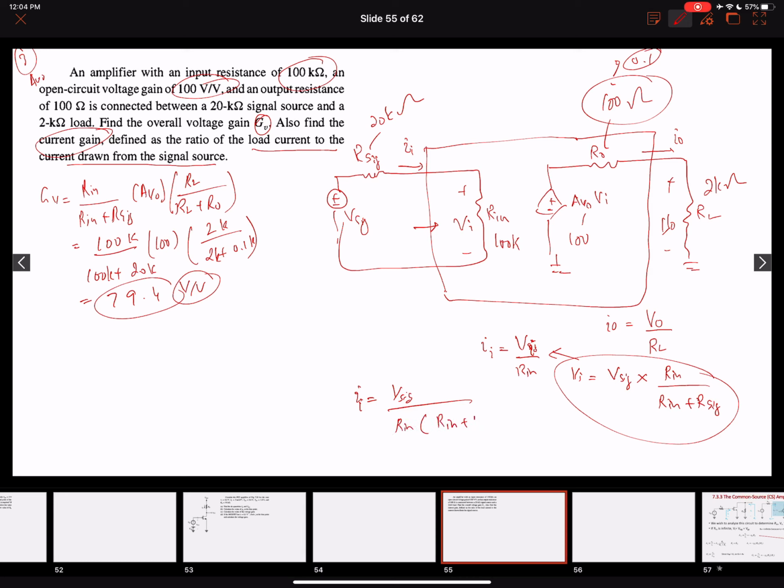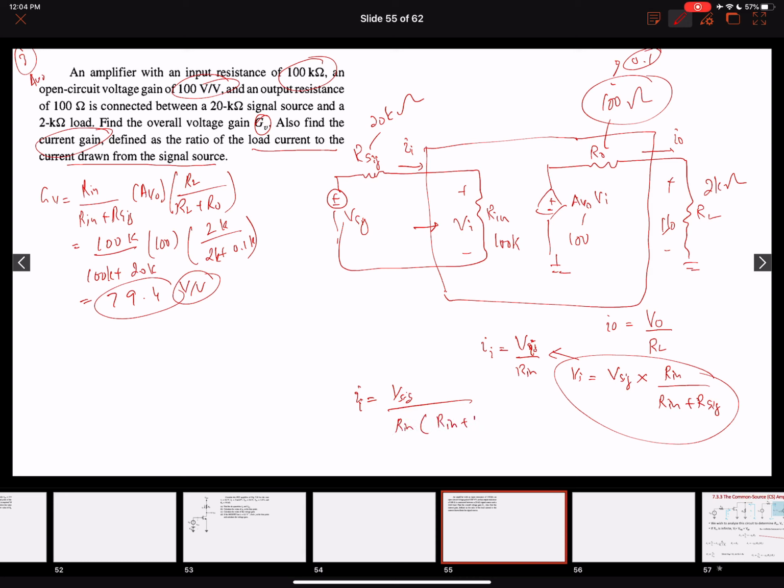Again, it was a very simple problem. To start with, it was a basic amplifier configuration, or how you can make an equivalent circuit of an amplifier and then connect a load resistance and an input source signal. We derived this equation of the overall voltage gain in the last lecture, so all we did here was put in these values.